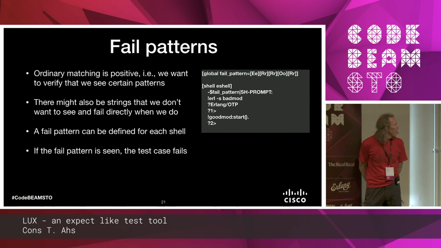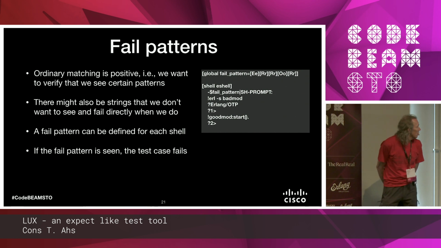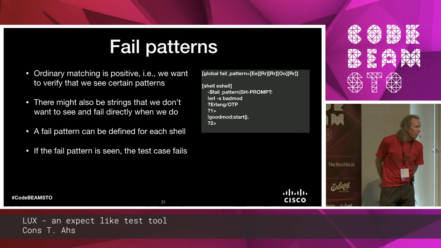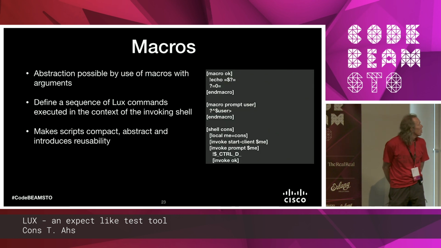So if it sees the failure pattern, it will fail immediately, saying this is serious, this is not something we wanted to see at all. And if we ran this and this wasn't present, we'd probably see an error. Oops.